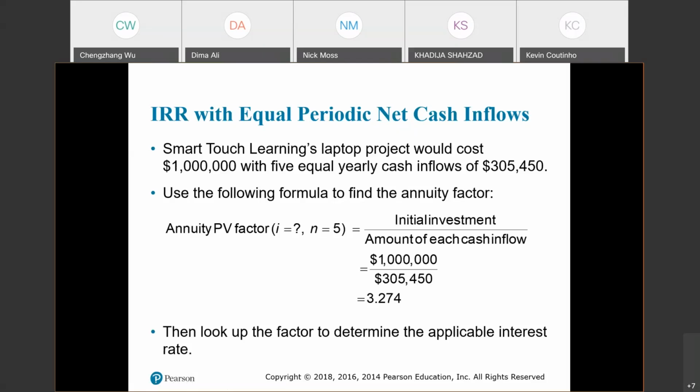We compute the IRR of an investment with equal periodic cash flows by taking 4 steps. First, since the IRR is the interest rate that makes the cost of investment equal to the present value of the investment's net cash inflow, we set up this equation.